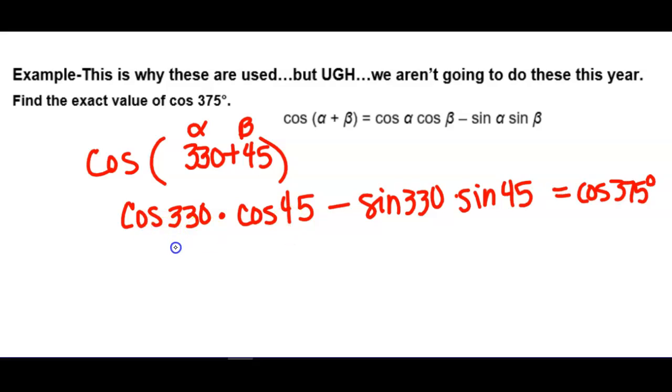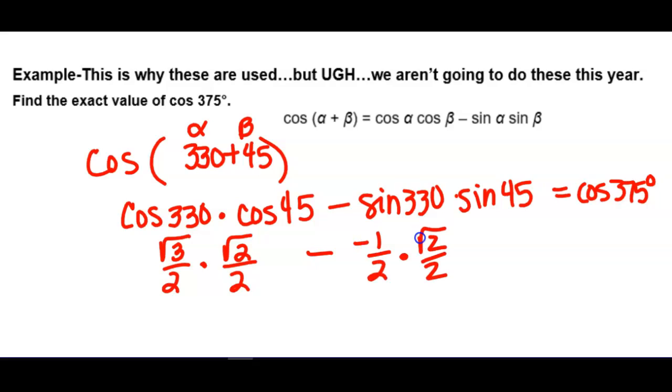Then you would substitute in values, okay? So you grab your unit circle and you go to the cosine at 330, which I'm thinking is square root of 3 over 2. The cosine at 45, which I'm very sure is square root of 2 over 2. The sine at 330 is negative 1/2. And the sine at positive 45 is square root of 2 over 2.